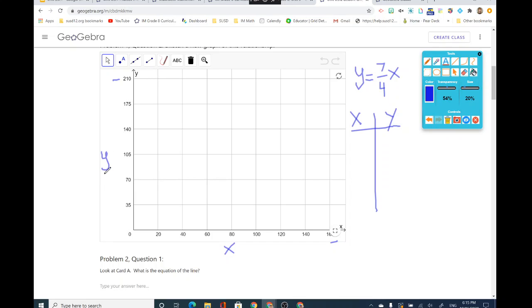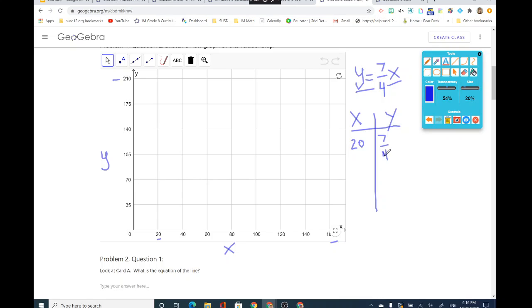I'll write that on there because sometimes students can forget that. I know I used to. So let's try x equals 20. When x equals 20, what is y? We want 7/4 times 20 because we just pop it into this equation. I'll show you the math on the first one, but after that, I want you just to follow along on your paper.